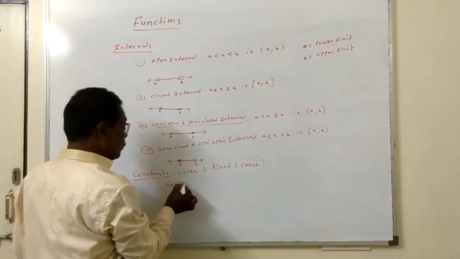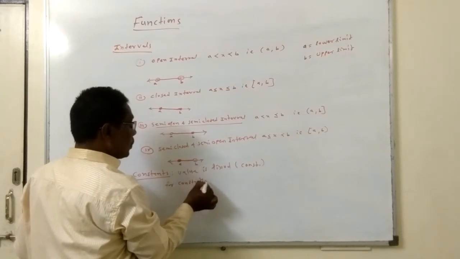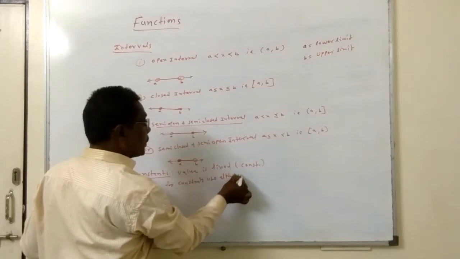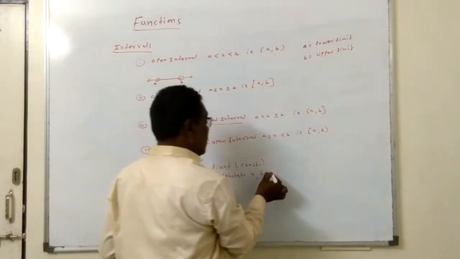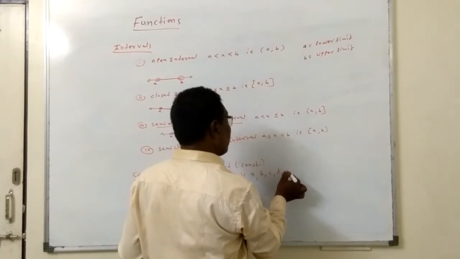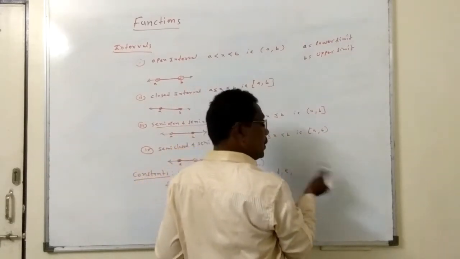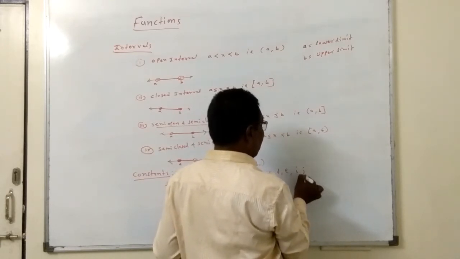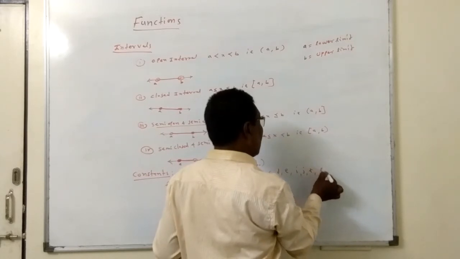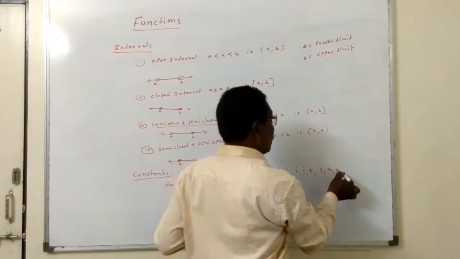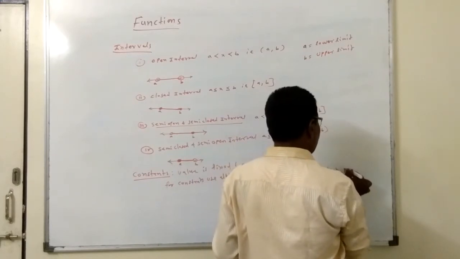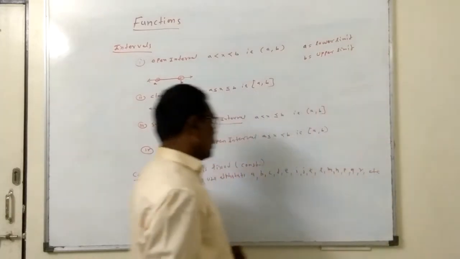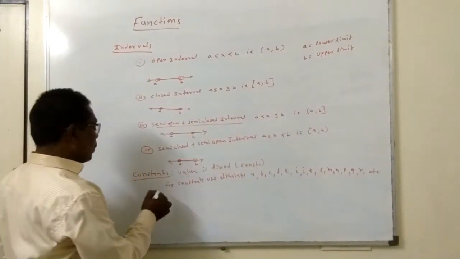For constants use the alphabets a, b, c, d, e, f, g, h, i, j, k, l, m, n, p, q, r, etc. These are the alphabets used to indicate constants.